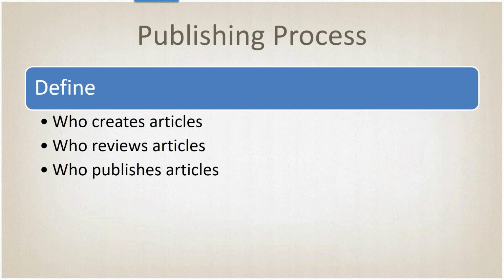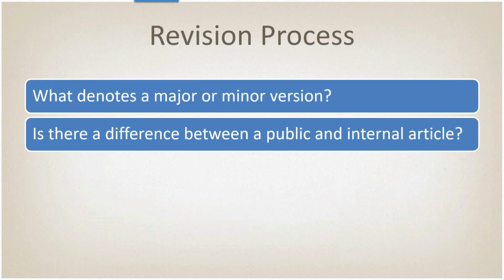Whatever it may be, you need to have a formal review process. What you may have is the frontline support person creates the article, and then the tech lead or the manager, or whoever it might be, reviews the article and approves it. And then once it's approved, you publish it. That's the situation. And then you can create articles that are either public or internal.